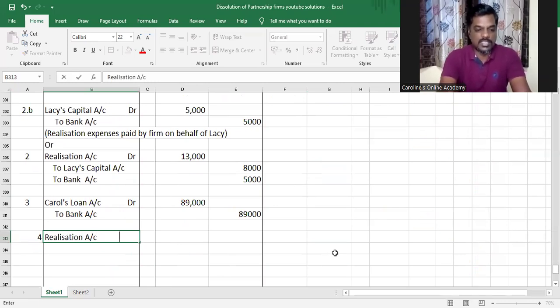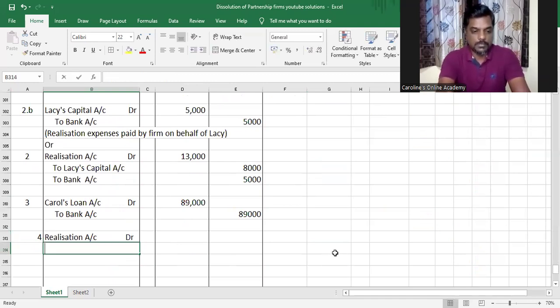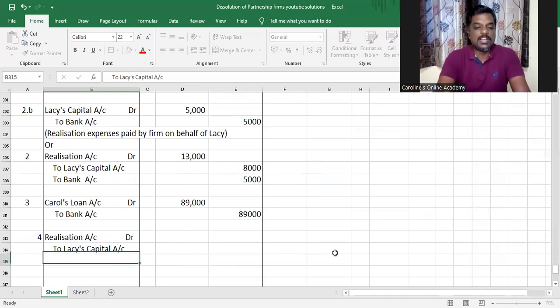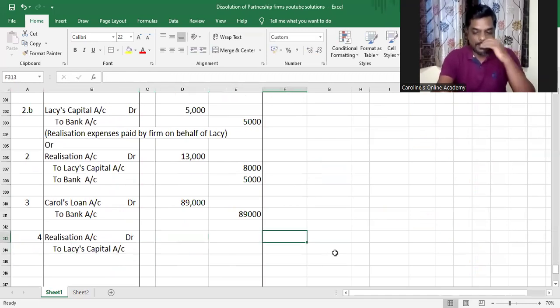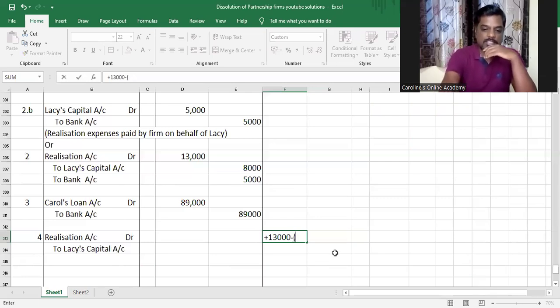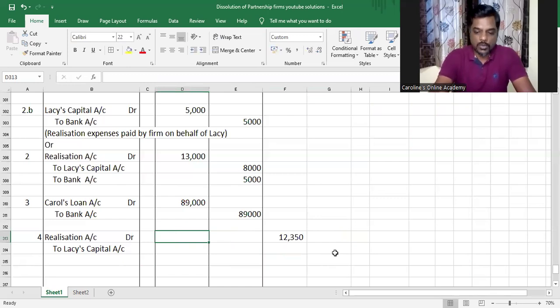In this case, it is Lacey's capital account. And they decided to take it over at 5% discount. So 13,000 minus 5% of 13,000. That'll be what, my dear children? It is 12,350, and that's it.